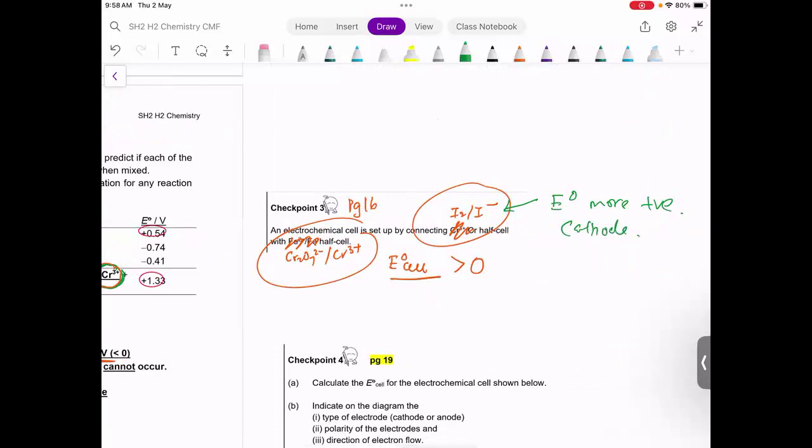So this means that my dichromate must be the cathode. Oh no, sorry, the one that is more positive is your dichromate one. You can refer to your data booklet.